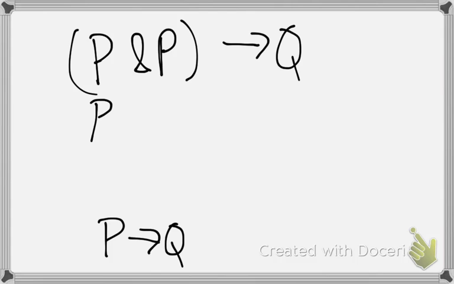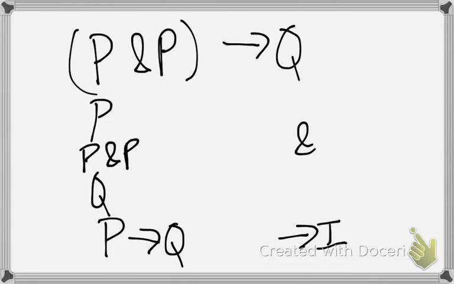We would assume P, try to get to Q, and then get this by arrow in. And we could get to P and P because and in lets us create that using the P. But why go through 4 steps when we could just do 1 for something that is obviously valid? So that's why we have the rule of idem.